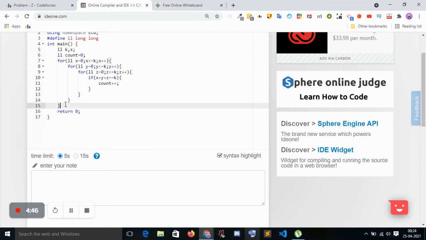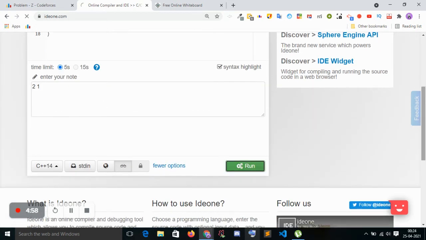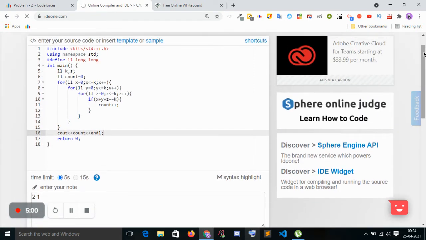So let's try to see our count output, with the input 2 comma 1. Is it getting correct or not?